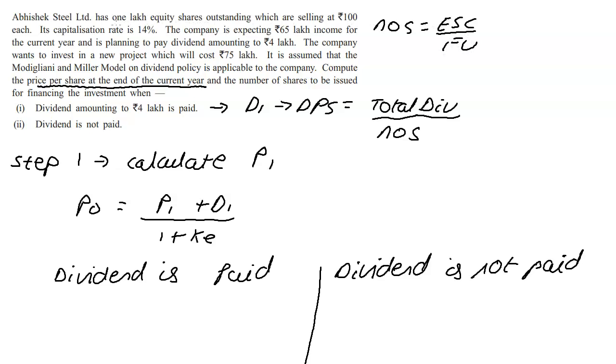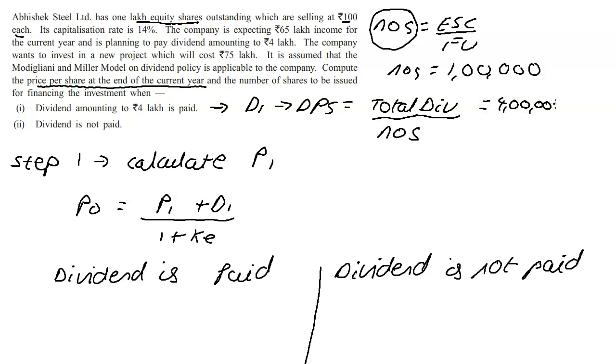And they are saying that we have 1 lakh equity shares of 100 each. That means we have already been given the number of shares by default. Number of shares is 1 lakh. That makes life easy because now we have 4 lakhs upon 1 lakh, which gives us 4.